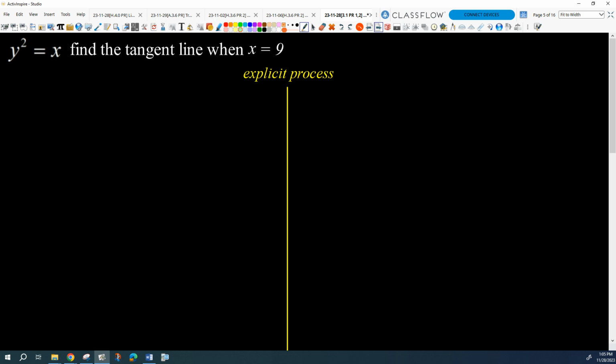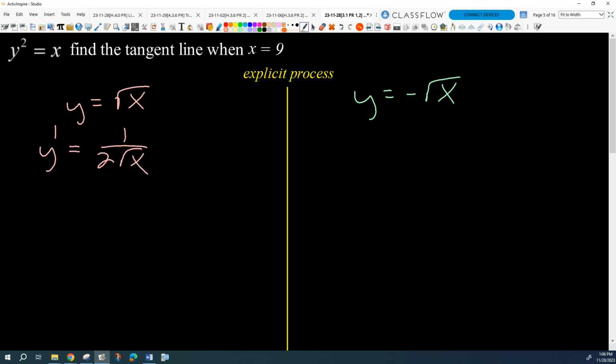Okay. So, well, we just did this explicit process. The explicit process was we had to do this in two pieces, right? This is the one where, just for notes, we had y equals positive square root of x or y equals negative square root of x. So we got y prime equals 1 over 2 times the square root of x.